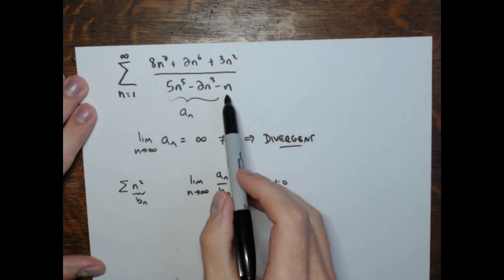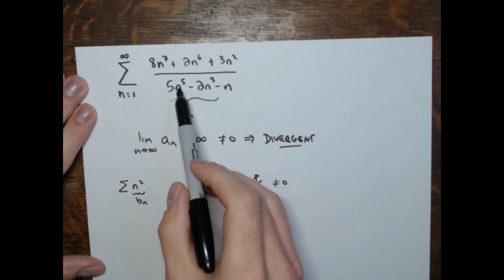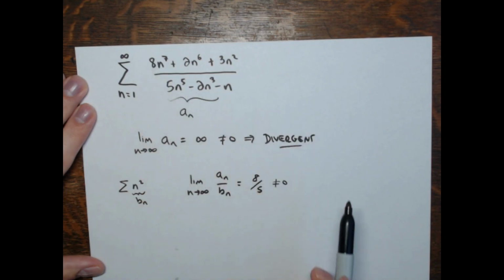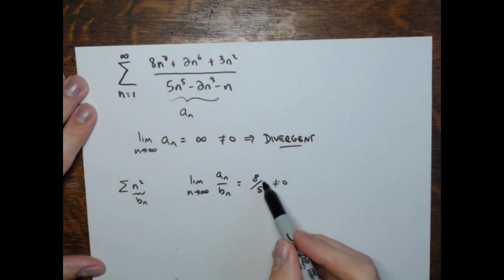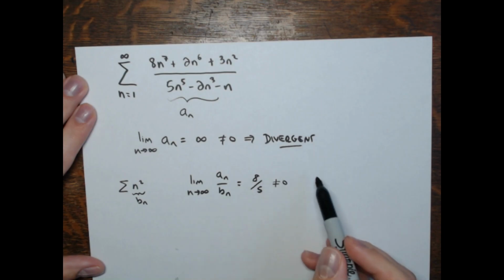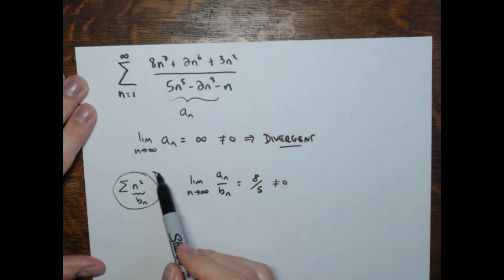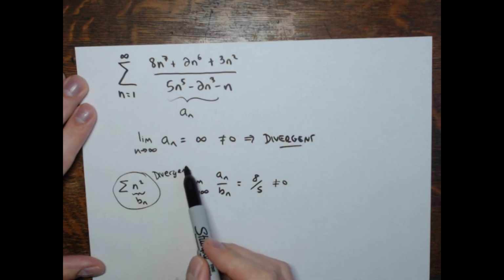Because if I divide this by n squared, and make this 5 into the 7th and 2 into the 5th and n cubed, you'd have 8 into the 7th over 5 into the 7th, basically. So you get 8/5 for this limit, which is not 0 and it's not infinite. So both converge and both diverge, and this is definitely a divergent series.